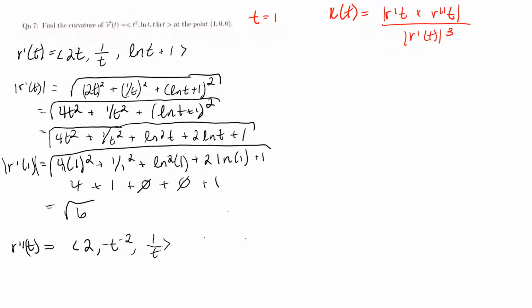And what we're going to get is a lot of work. So we're going to have i, j, k. We have 2t, t to the negative first, ln t plus 1. And for the second derivative, we have 2, negative t to the negative second, t to the negative first. Go ahead and cross it.